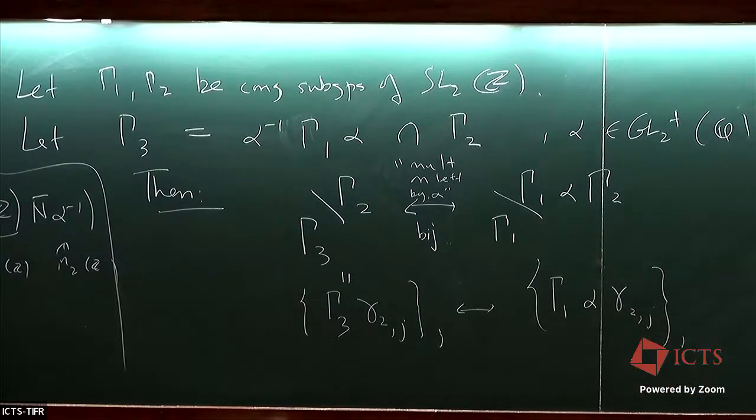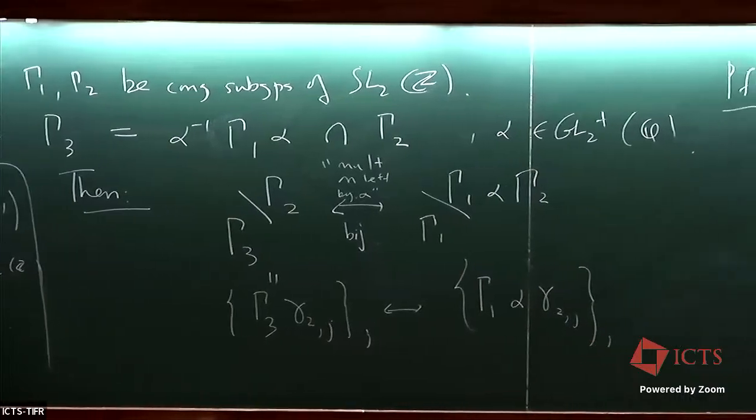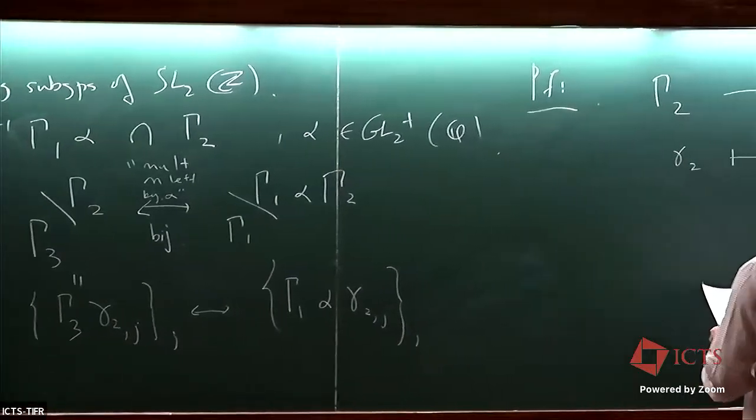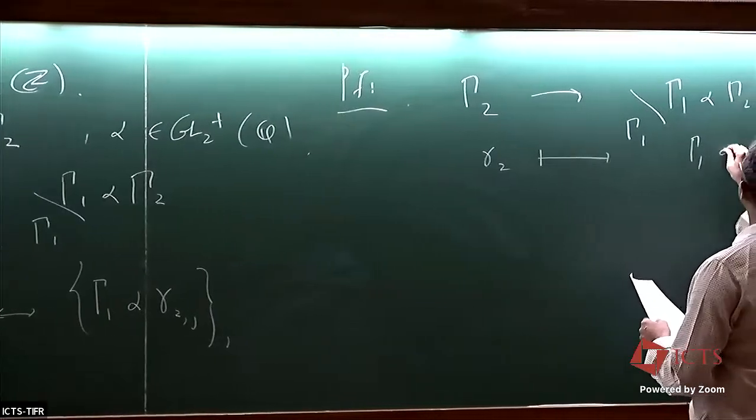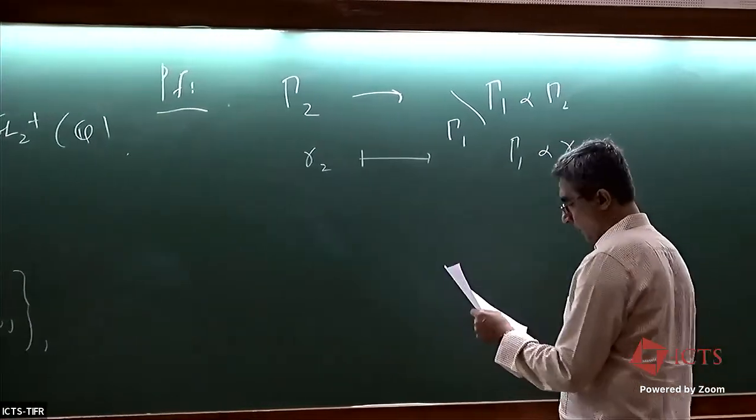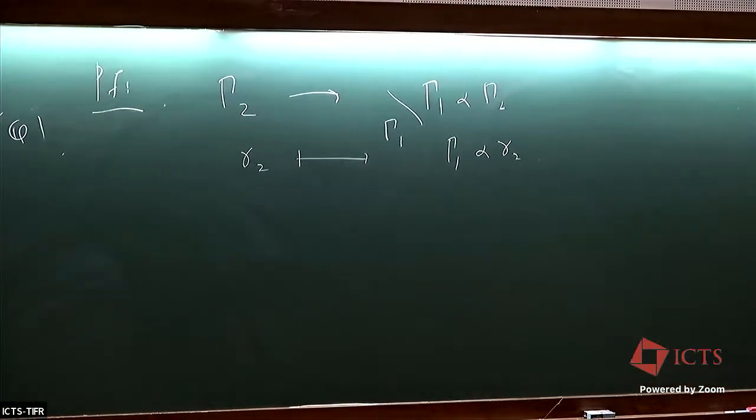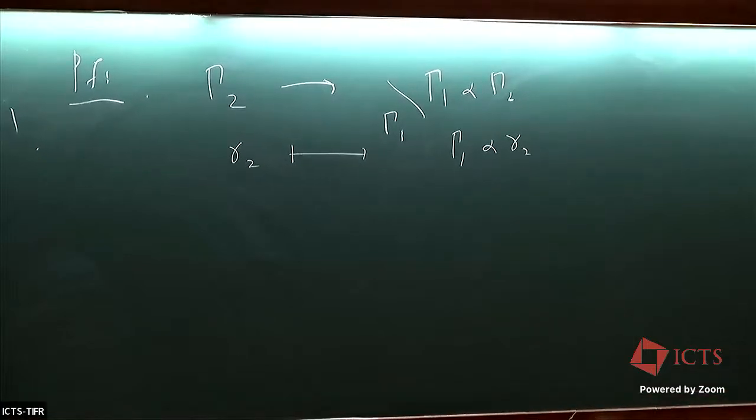So there's a map from gamma 2 to gamma 1 alpha gamma 2 mod gamma 1, this coset space. We'll just take gamma 2 to this coset, gamma 1 alpha gamma 2. Okay, so let's just look at this map.